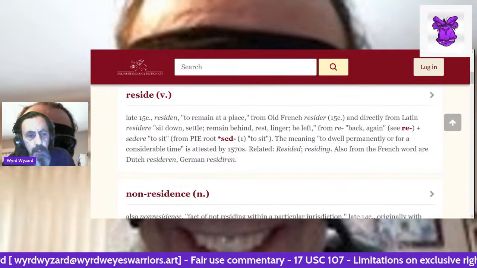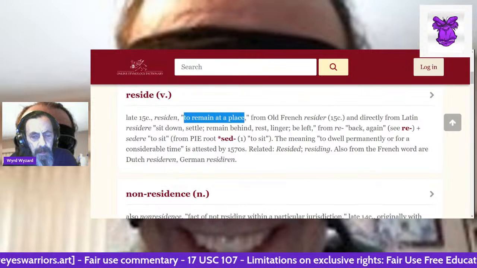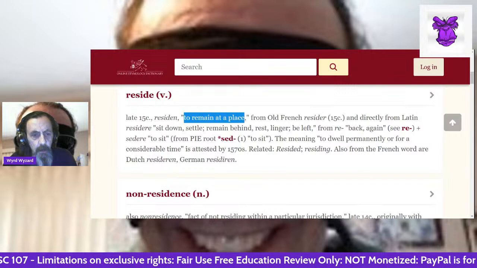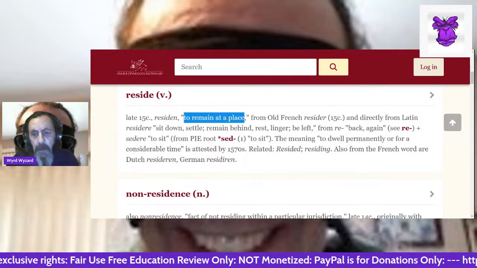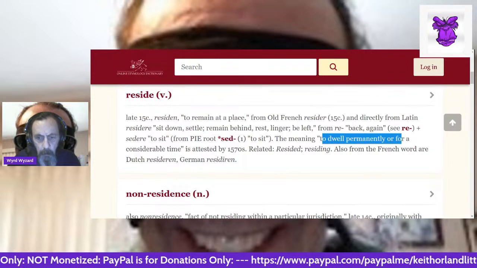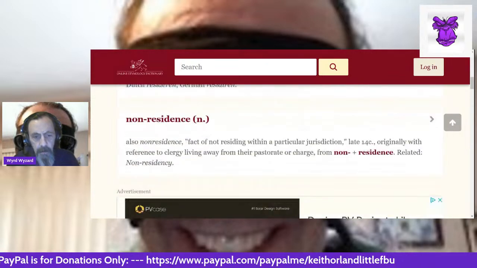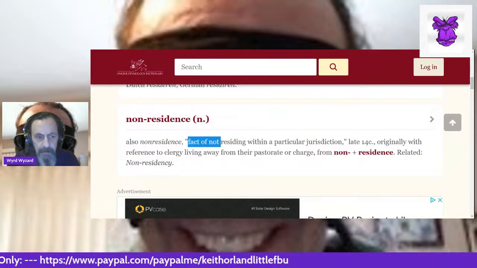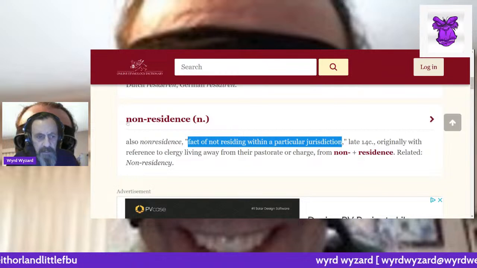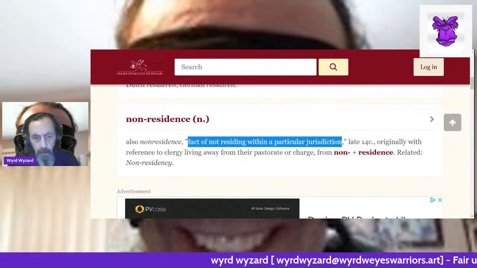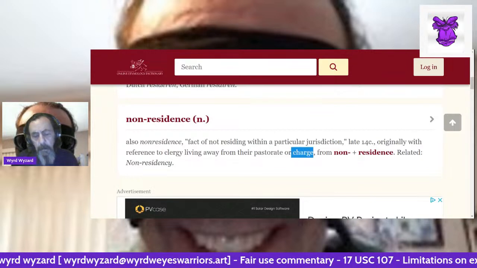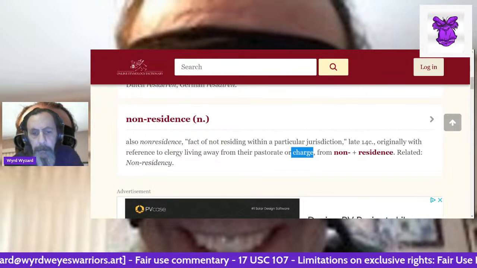Reside as a verb is to remain at a place, directly from Latin residere, sit down, settle, remain behind, rest, linger, be left, back again. Same thing we saw earlier. To dwell permanently or for a considerable time. Non-residence, same thing: fact of non-residing within a particular jurisdiction. Whereas before it was non-residence, a reference to clergy living away from their pastorate charge. Okay?